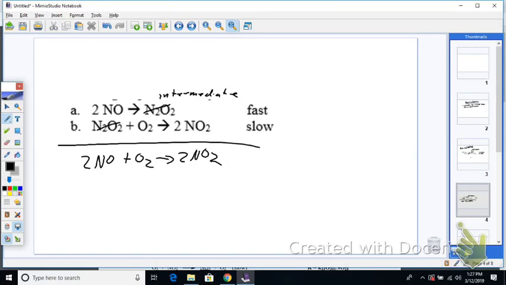And then the rate is equal to k times NO2 plus O and O2. Just O2. Okay? Questions?